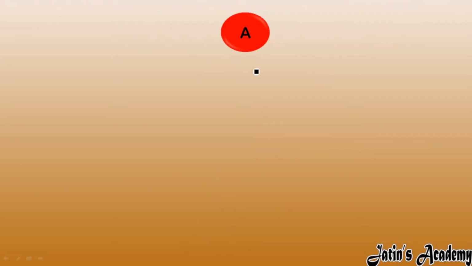For example, we have a ball which is at some height. Initially this ball has potential energy. Now what we will do, we will take three instants: first at the initial position, second at the middle and third at the ground.